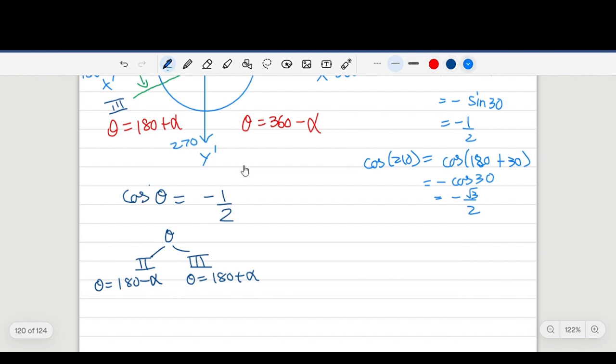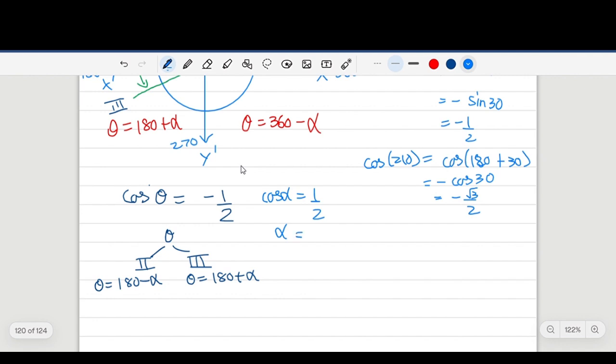Now to find alpha, I'll consider the ratio without the negative. So cos of alpha I'll consider to be 1 by 2. What will be the alpha value if it is 1 over 2? Cos alpha 1 over 2, that is at 30.